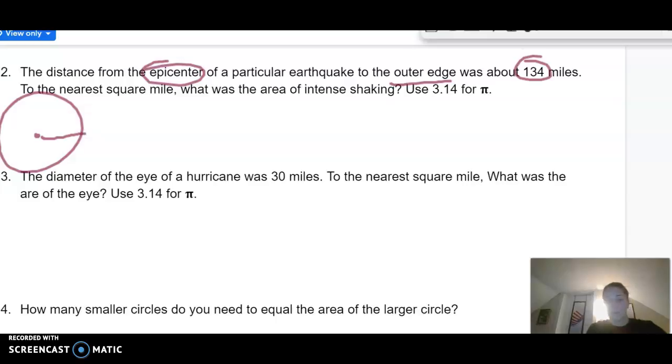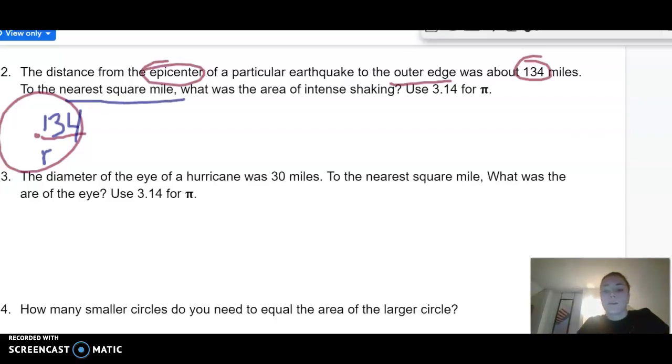That is called our radius as well, right? So we can label this r for radius, and we can also say that our length from the center to the edge is 134 miles, okay? To the nearest square mile, what was the area? And we are using 3.14 for pi in this problem.